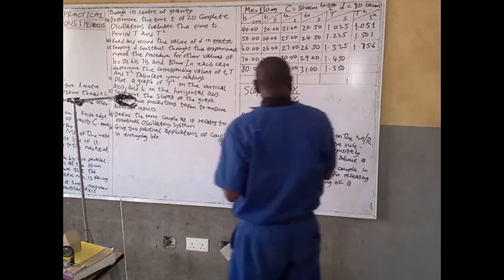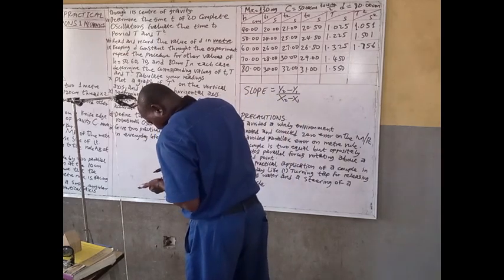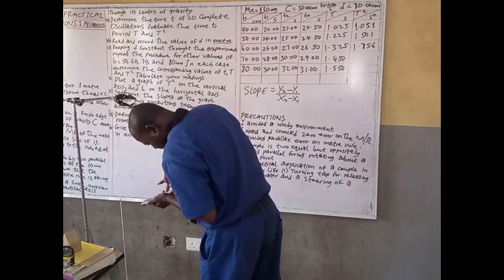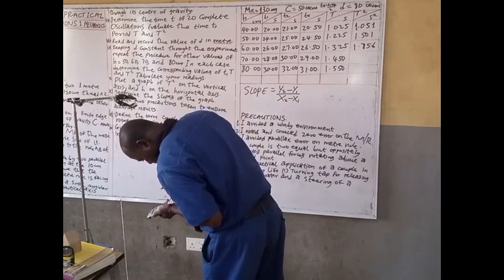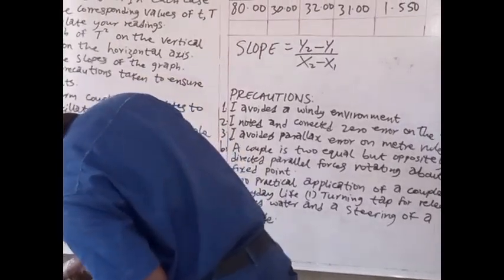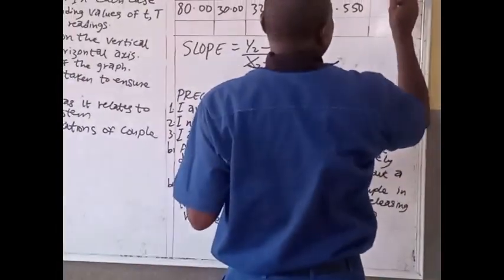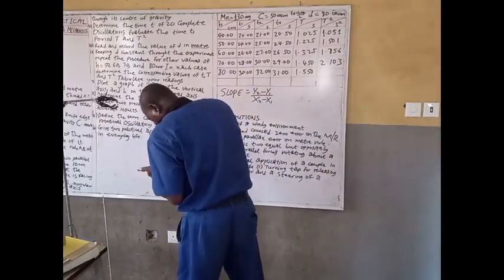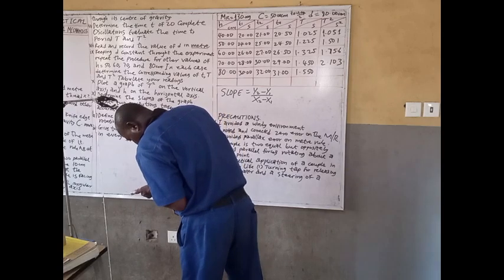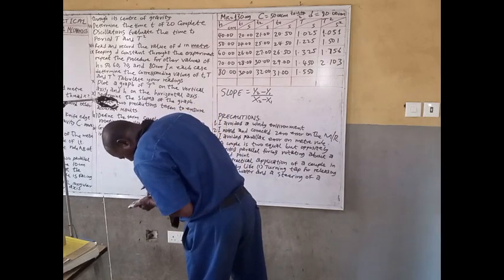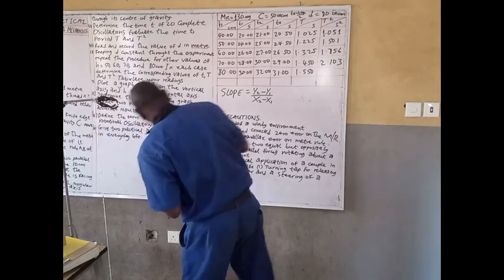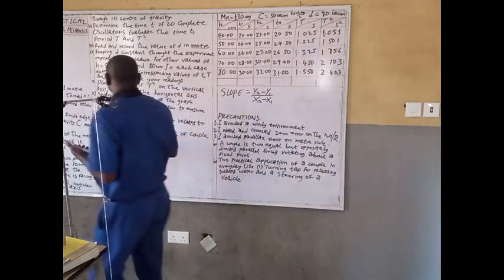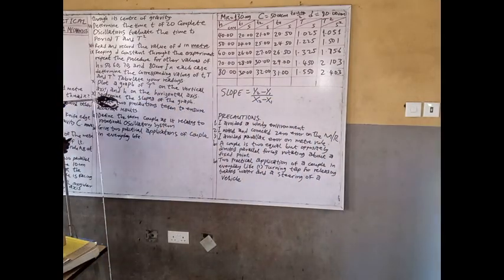Then 1.45 times 1.45 is equal to 2.103. 1.55 times 1.55 is equal to 2.403. Now, the next thing, we've calculated the readings.